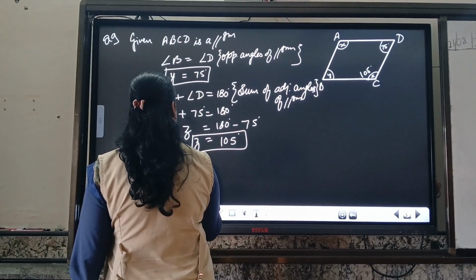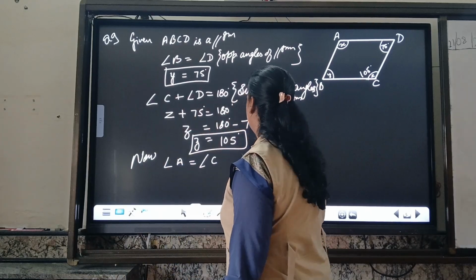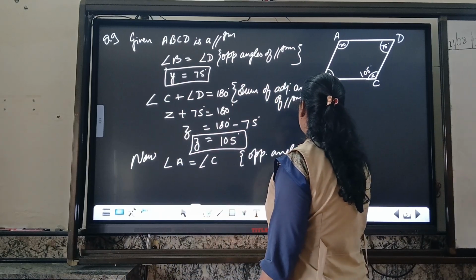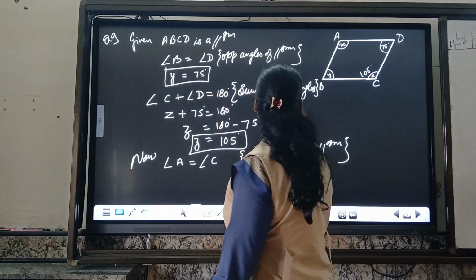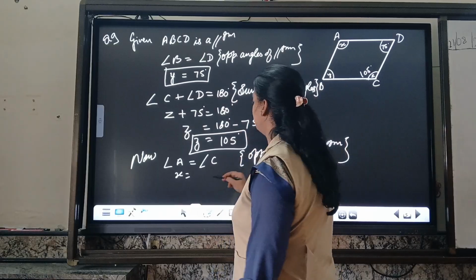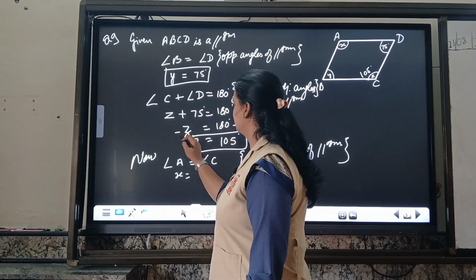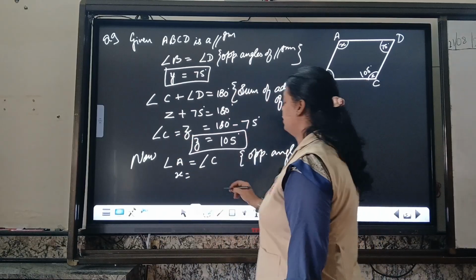So angle A is equal to angle C because opposite angles of a parallelogram are equal. So angle A stands for X and angle C stands for Z. So in place of angle C, I will write directly 105 because I have taken out the value.